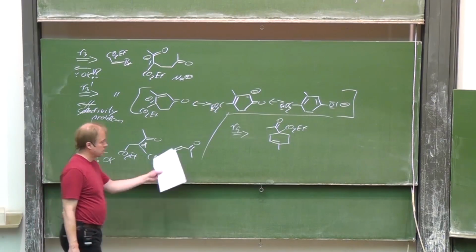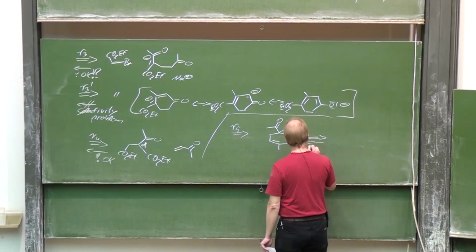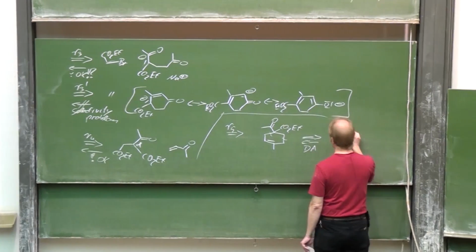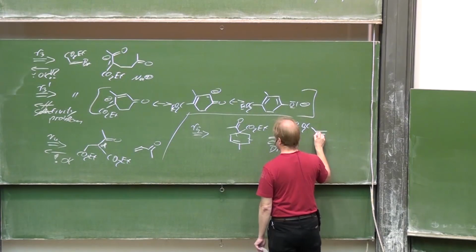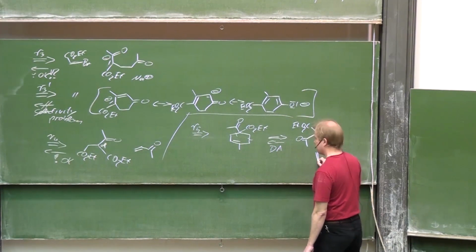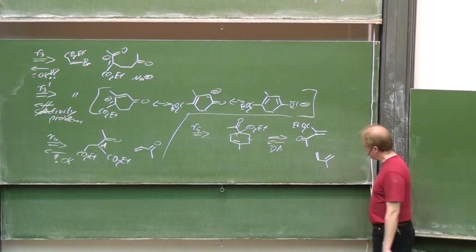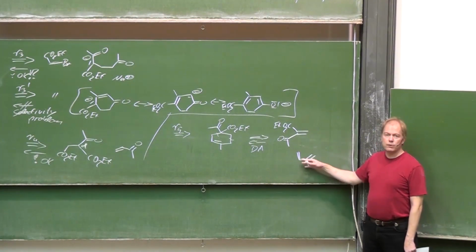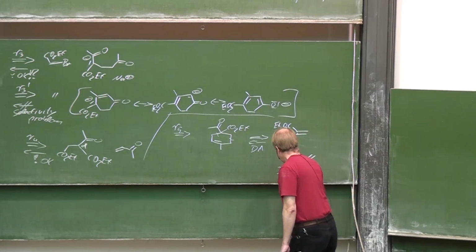since this cyclohexene we could set up then by a Diels-Alder reaction. With this diene, a very well-known diene, this is isoprene.